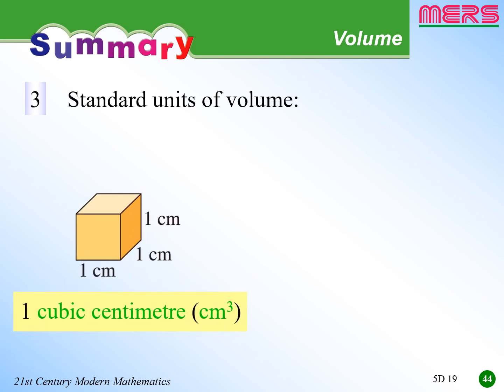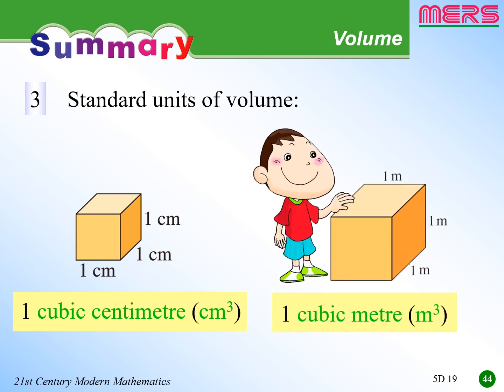Number 3. The standard units of volume are cubic. If it is a 1 cubic centimeter block, it is 1 cm times 1 cm times 1 cm. If it is 1 cubic meter, it is 1 meter times 1 meter times 1 meter.